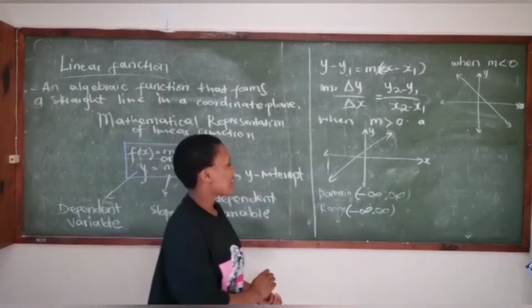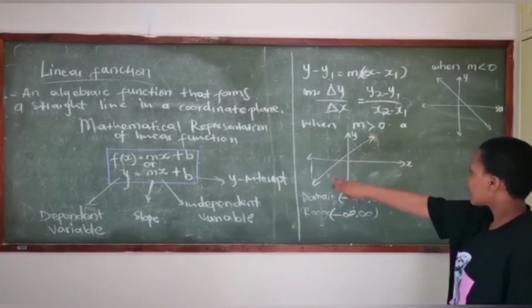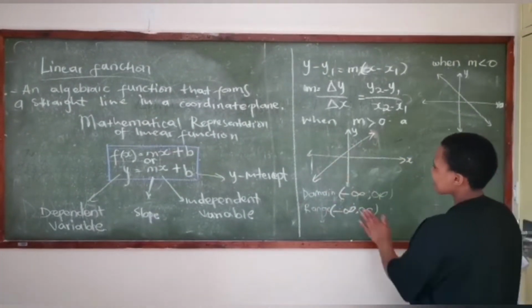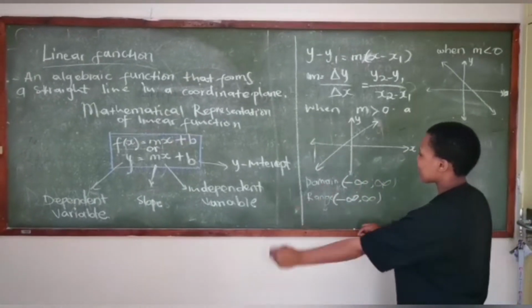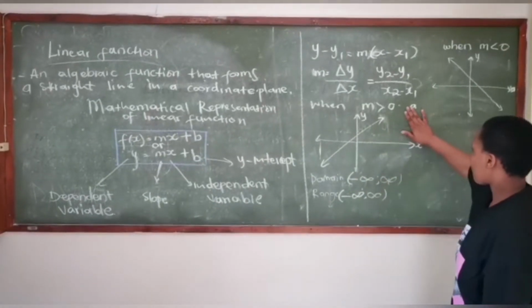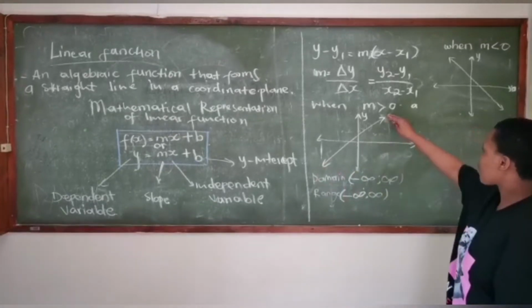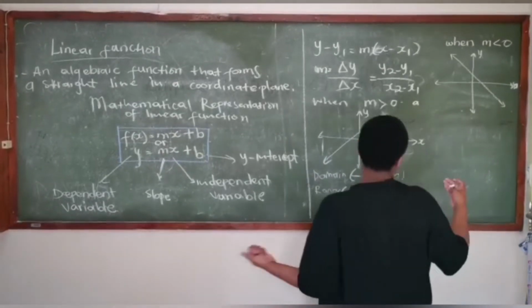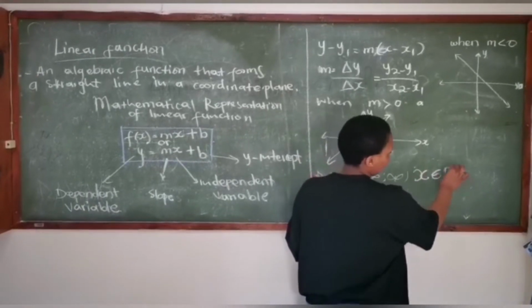So looking at the linear graph, looking at this graph it starts here. It doesn't stop here, hence it has arrows. It means that this graph starts from the last number of the negatives until the last number of the positives. Hence you can say it starts from negative infinity to positive infinity, or you can say your x is an element of real numbers.